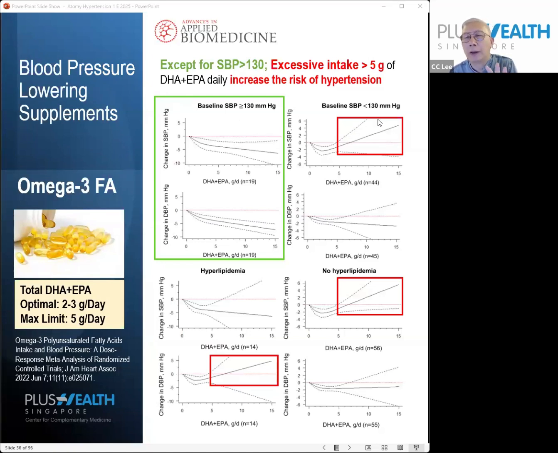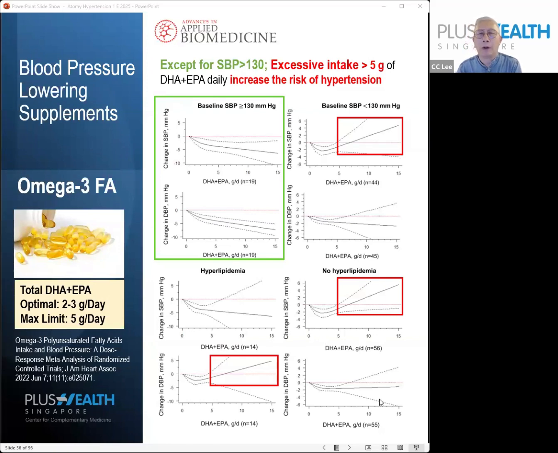We have a hyperlipidemia group and a normal group with no hyperlipidemia. The chart shows the effects of the omega-3 fish oil dosage: as the fish oil you take increases, how is the blood pressure reflected? Just to summarize.